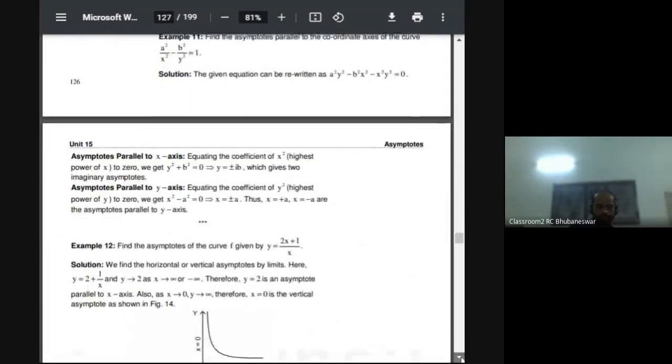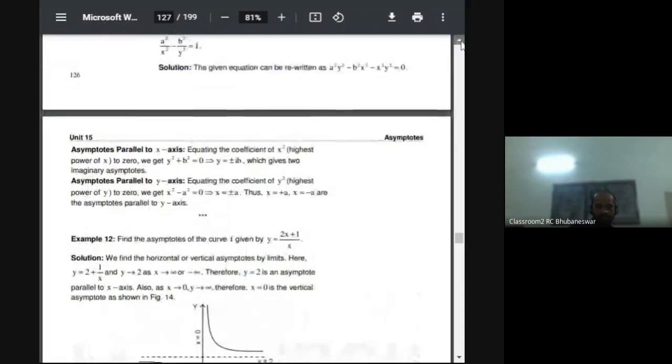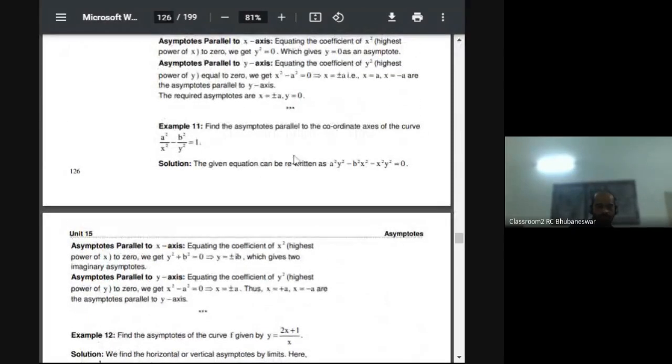the asymptotes parallel to the x-axis and parallel to the y-axis. So look at this example.